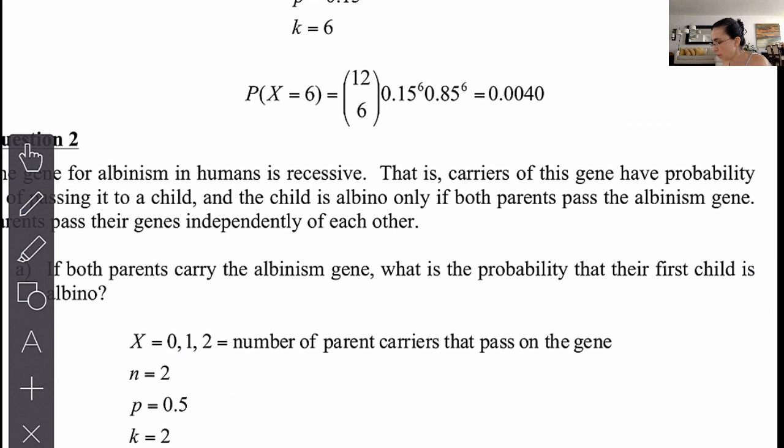The chance of passing each time is 50%. And we're interested in the probability that the first child is albino. So the child will be albino provided both of them pass the gene. Hola, Natalia. Both of them pass the gene. So that'll happen when x is 2. So that's what we have to solve.